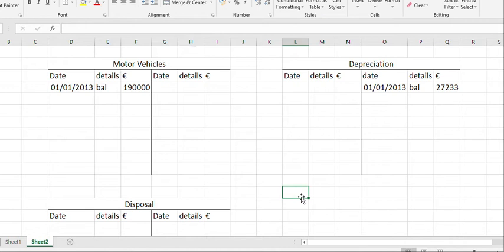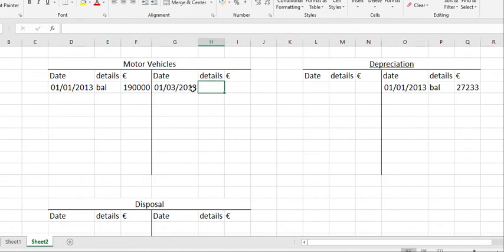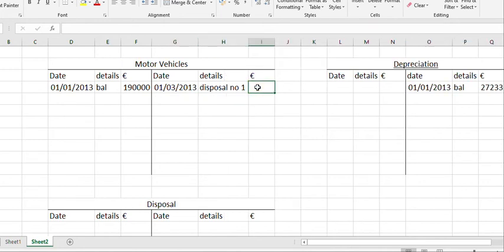So the first thing that happened was machine number 1 was ruined by a malfunction on the 1st of the 3rd, 2013. So on the 1st of the 3rd, 13, the detail would be disposal of machine number 1, and machine number 1 cost €50,000.